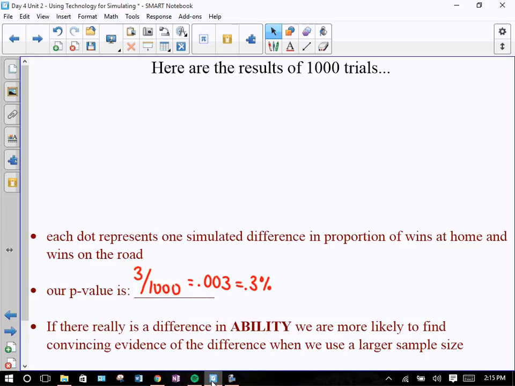What that means is that this is convincing evidence that home field advantage does exist.